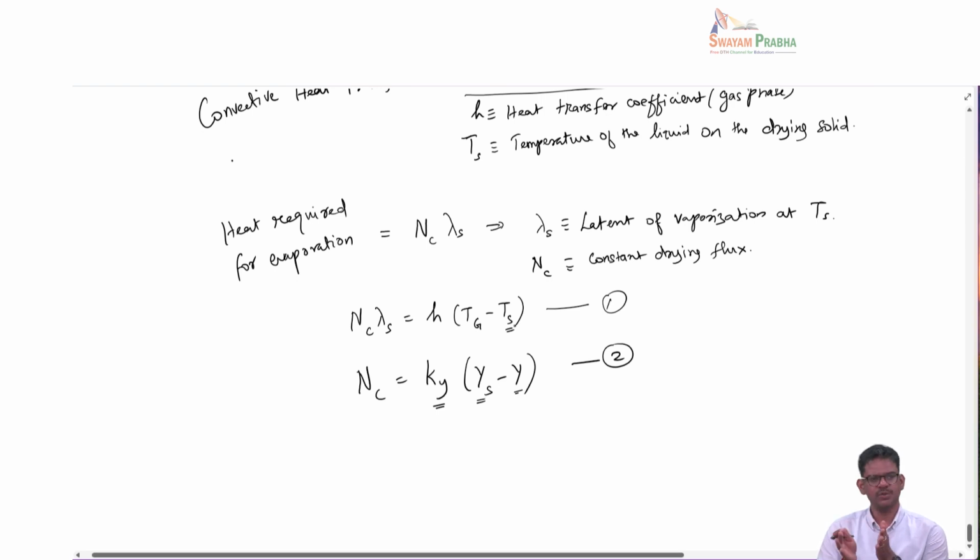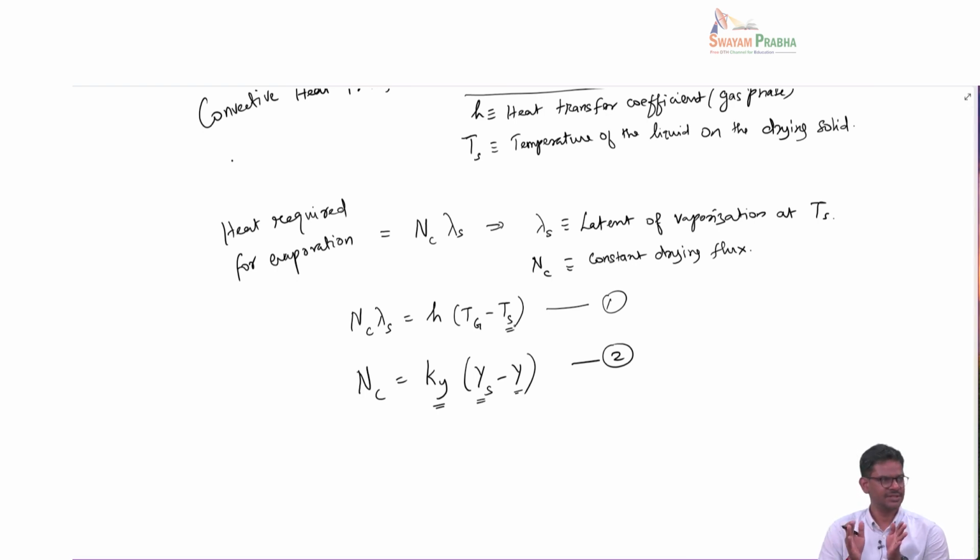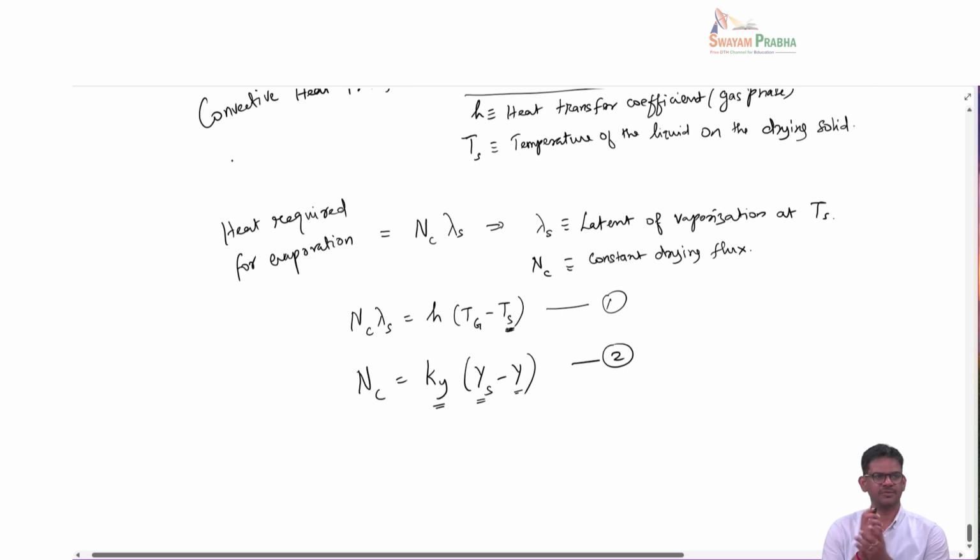So by equation 1, there is a steady state at which the heat balances between the convective heat transfer and evaporative heat transfer. Therefore, Ts will have to reach a constant value. Therefore, the mass transfer flux Nc also reaches a constant value.